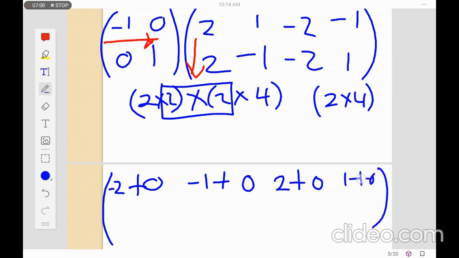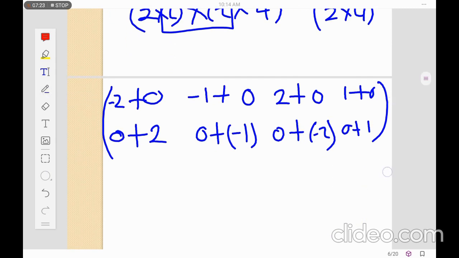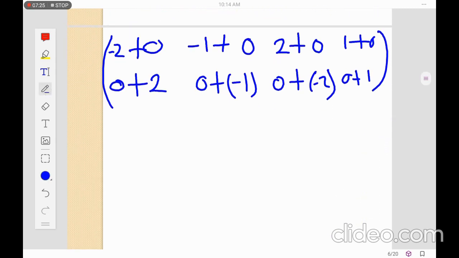Then the last row, 0 times that, I get a 0, plus 1 times 2, 2, and 0 plus -1. Then the other one, 0 plus -2. Then the last one, 0 plus 1. So if we simplify this, we'll get -2 -1 2 1 in the first row.